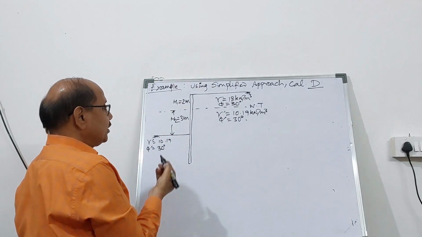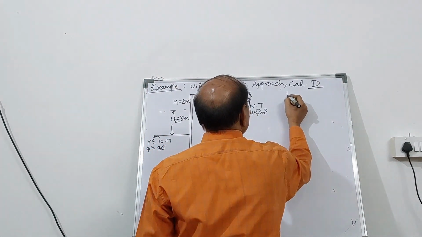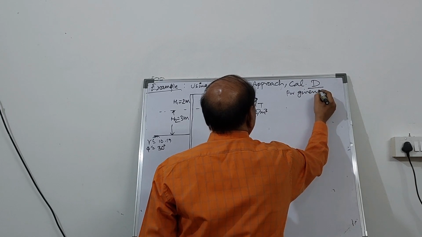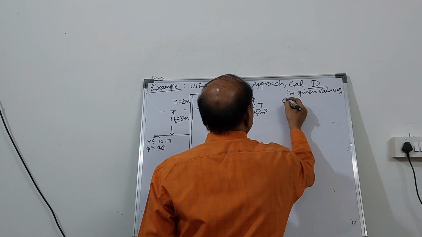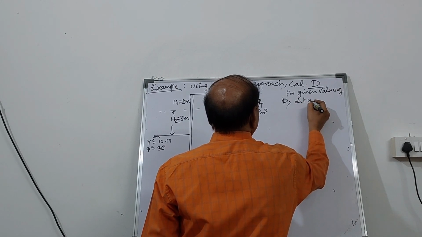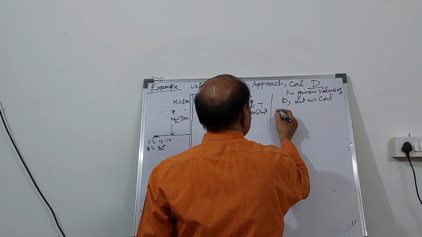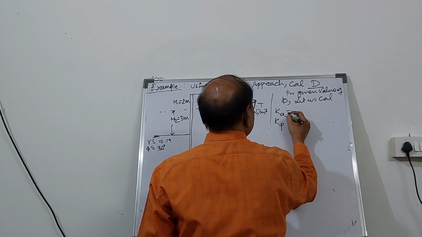First of all, for the given value of phi, let us calculate K and Kp.